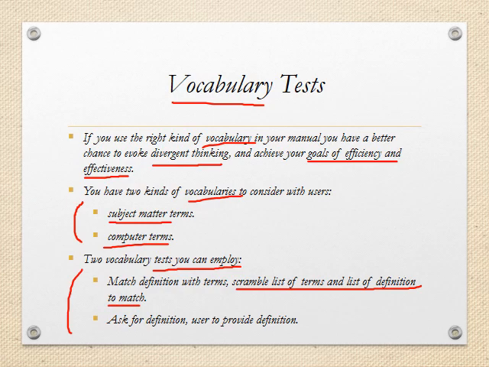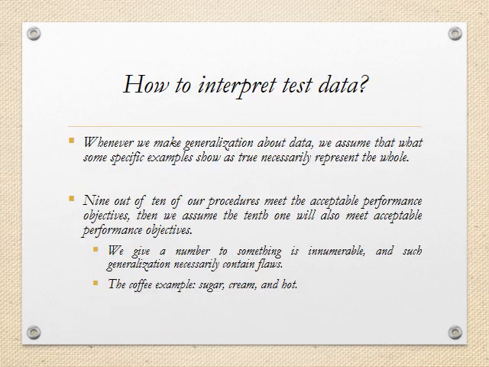The first approach, our first method, we can bring some of the terms and their definitions, scramble them, and ask the user to match them or select between them. Second thing, we can ask for a definition and the user to provide a definition. This is the second method when we test our vocabulary.